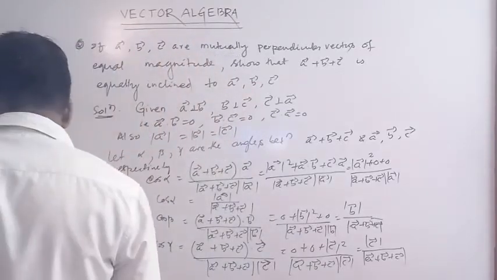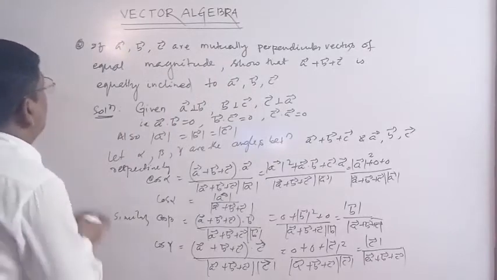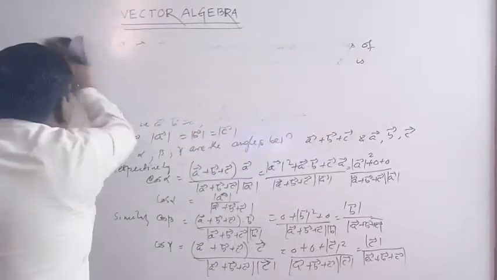As we know, magnitude of A is equal to magnitude of B is equal to magnitude of C, given.